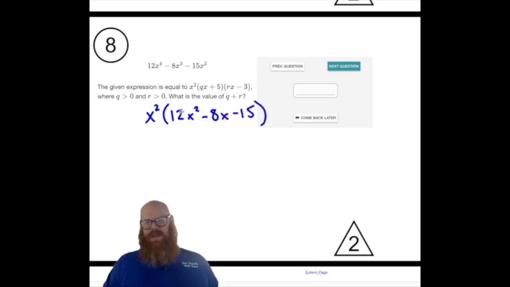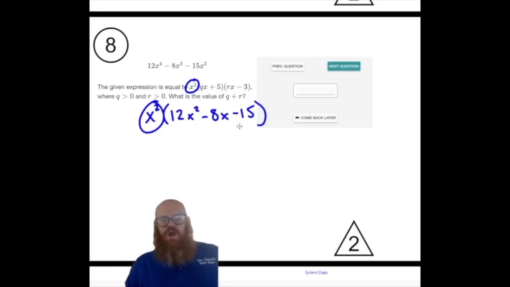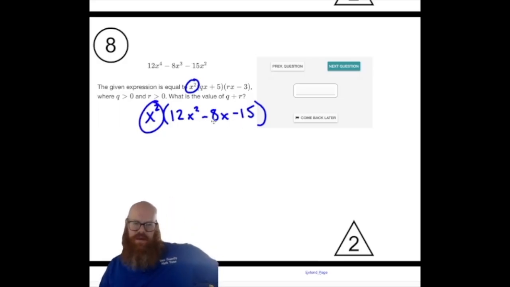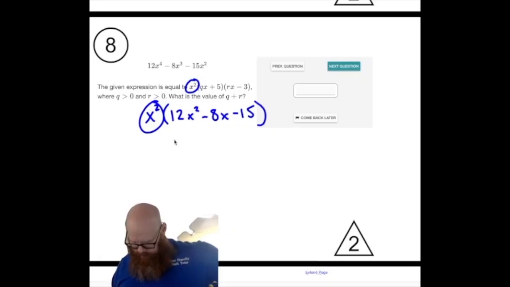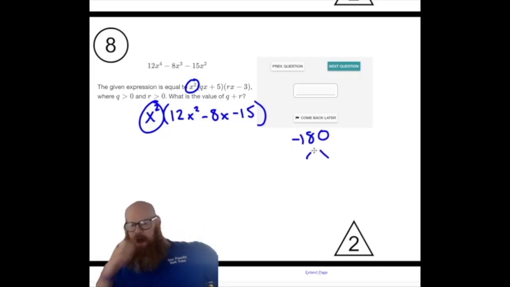So that's just what we get when we factor out the x squared, so now they're the same. So now we just have to factor this. So what we can do is the AC method. So if I do 12 times 15, really 12 times negative 15, I get negative 180. So I need two numbers that multiply to negative 180 and add to negative 8. That's going to be negative 18 and 10.